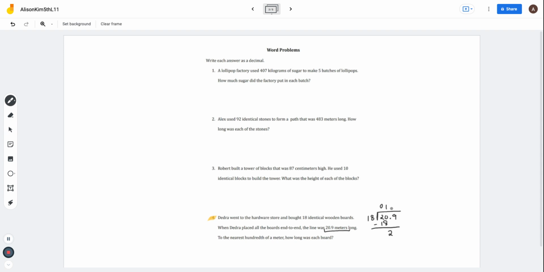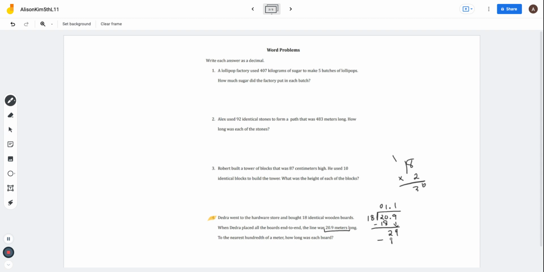And then you bring up the decimal point right here. And then here, we bring down the 9, and we get 29. And we need to see how many times 18 goes into 29. Let's try 18 times 2. 36 is way too big for 29, so we're just going to go with 1 again.